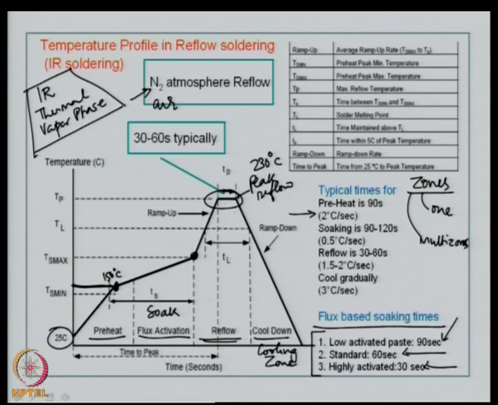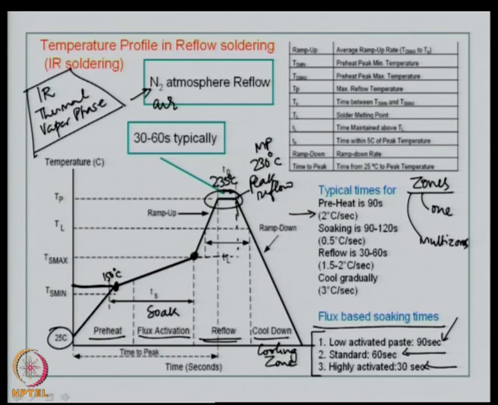So, typically your peak reflow in this case could be 235 degrees centigrade if the melting point of the solder paste is around 230. So, the reflow zone actually starts from here and then goes up to this point, right.